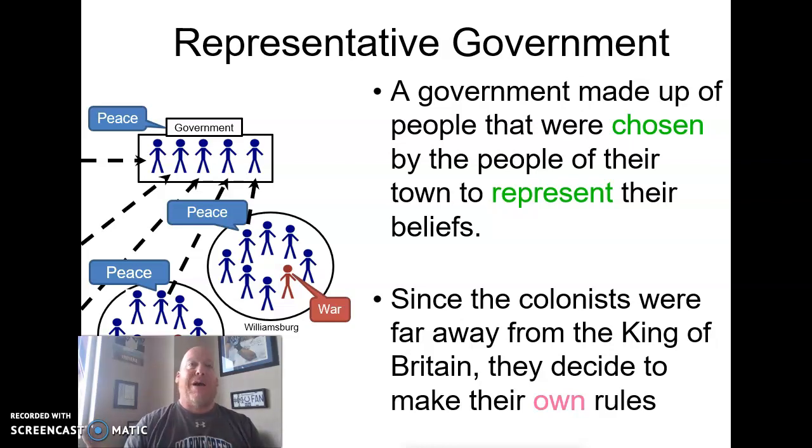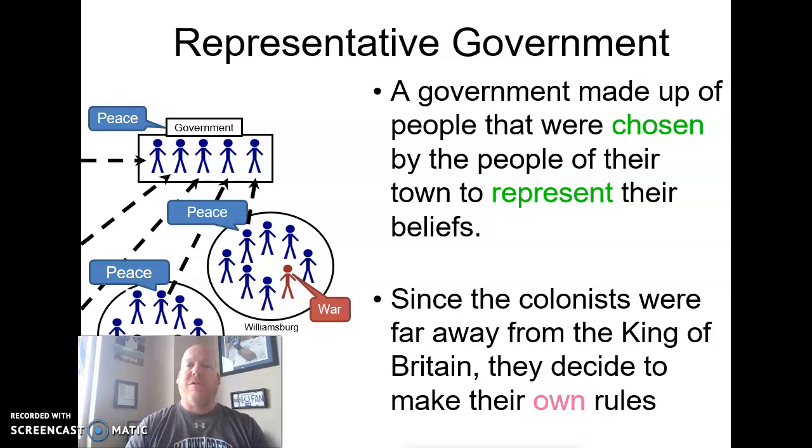You may say, well, why do we need representatives? Why don't we just let everybody have a vote? Well, if you have a small group of people, you can do that. But as cities, states, and countries grow larger and larger, to the point where you have hundreds of millions or even, in the case of China, billions of people, it becomes too complicated and cumbersome for every single person to have a voice.